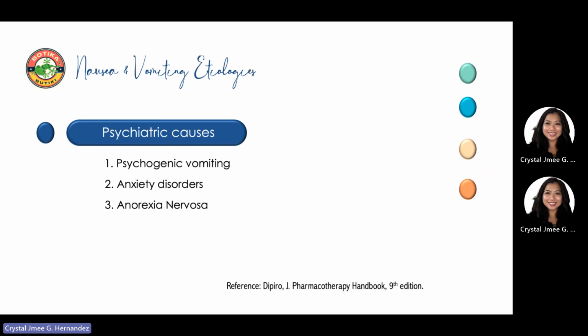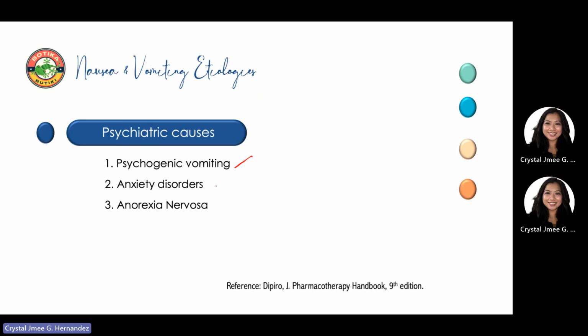Psychiatric causes can also be attributed to nausea and vomiting. Particularly, we have psychogenic vomiting. So, psychogenic vomiting is a syndrome of recurrent vomiting without any organic pathology. And this normally results from emotional or psychic disturbances.